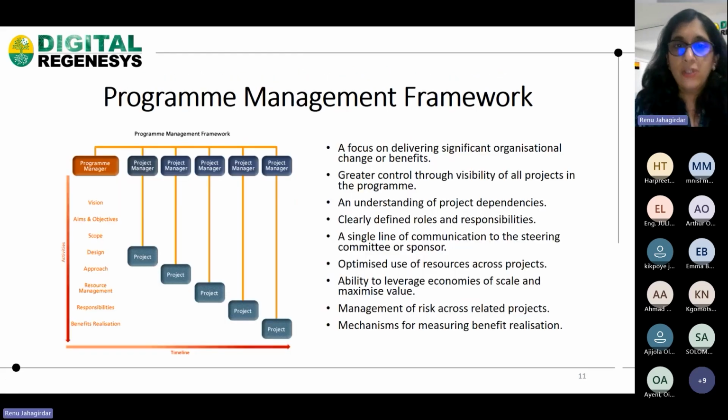So what is a program management framework?